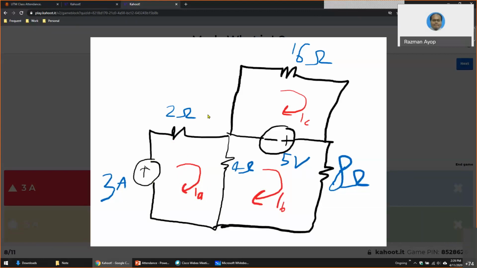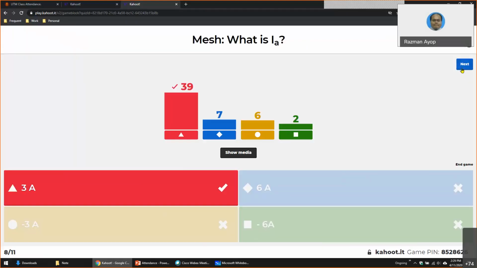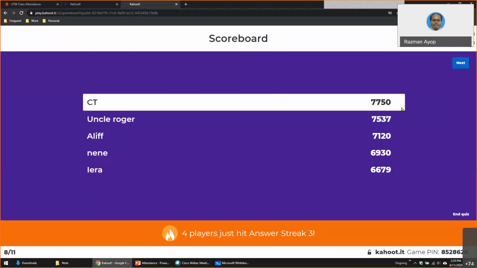But for a super node, you cannot have resistance in series with the voltage source. For this case, whether you have resistance or not, you will consider IA as equal to the current source. Move on to the next question.